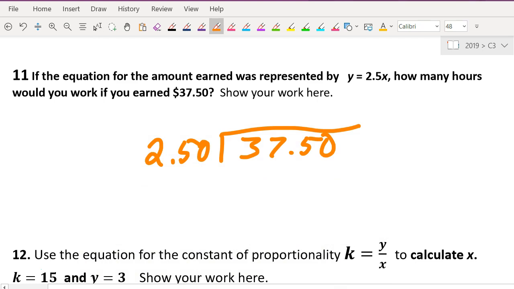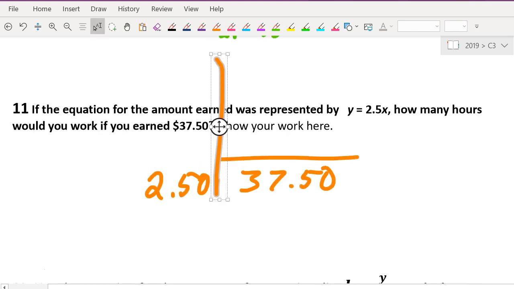So that should mean 15 times 2.5 is 37.50.